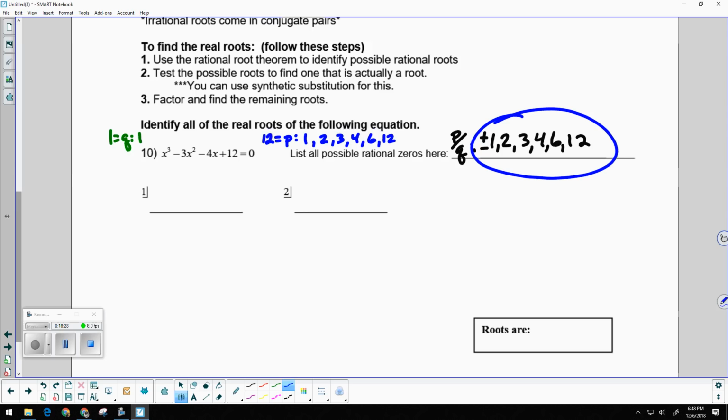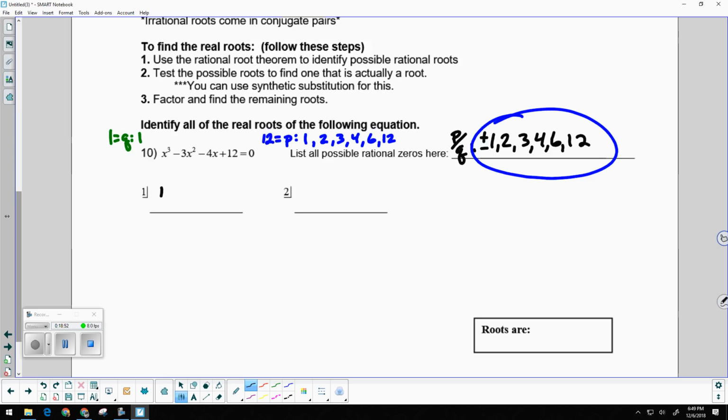Now, in this example, it's already set up for us. They want us to try 1 first. So 1 is in our list here that I've circled, and I'm going to use synthetic substitution in our polynomial.